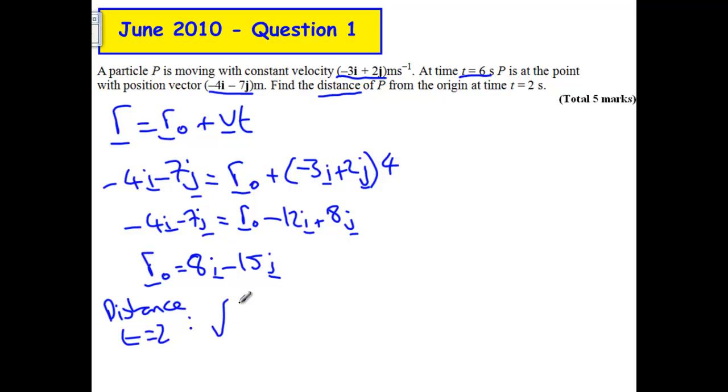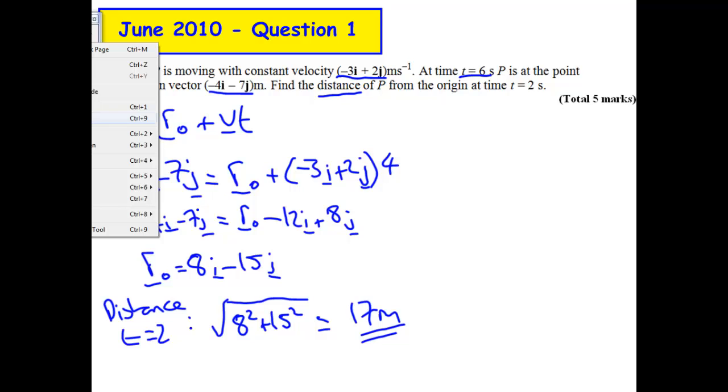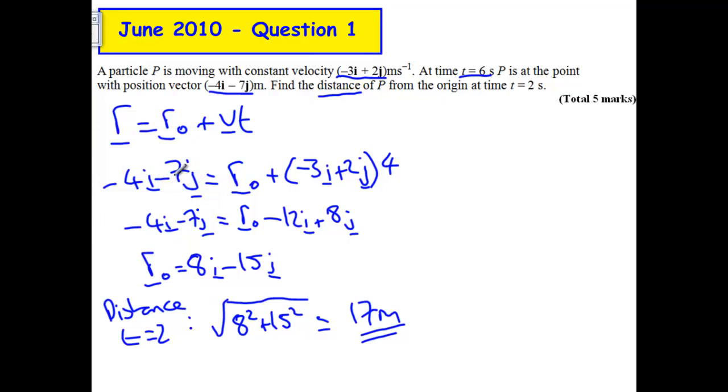I'm going to square 8 and square 15 and take the square root. If you plug that into your calculator, it will tell you that the distance when time is equal to 2 is 17 meters exactly.